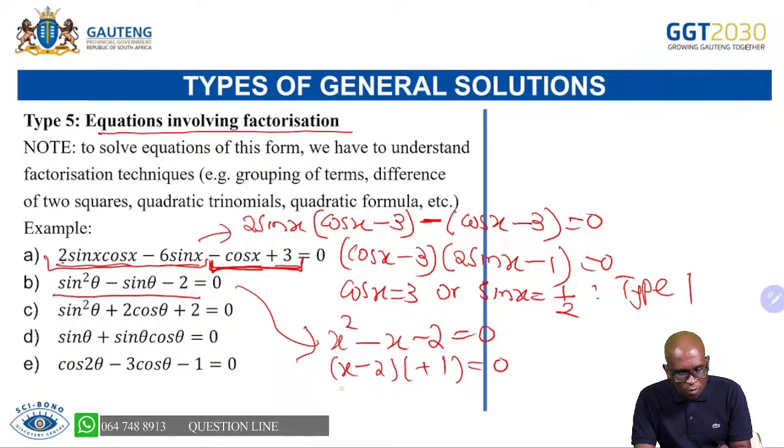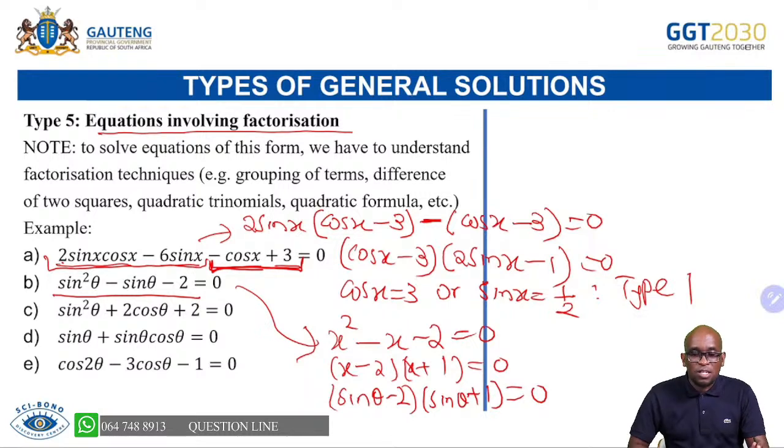So if you bring back the sine, it's sine theta minus 2 and sine theta plus 1. So you can then simplify this further. So those are the things that you need to know. I've exposed you to 5 types. Please go and look at them. Try to understand what is expected of you from each type before you can solve general solution questions.